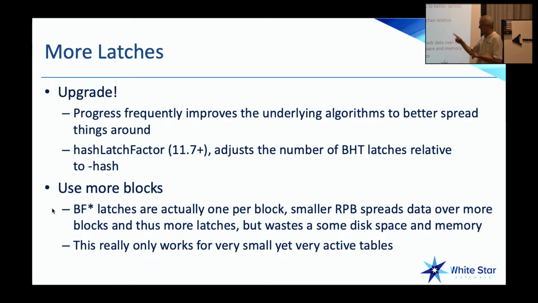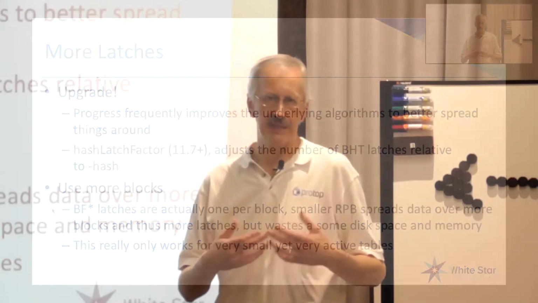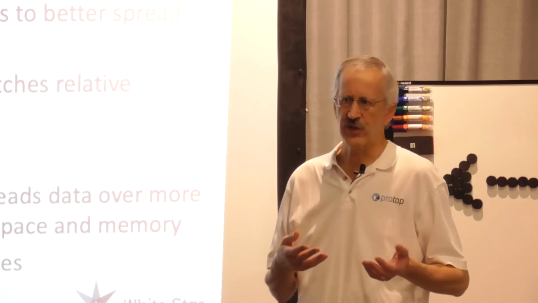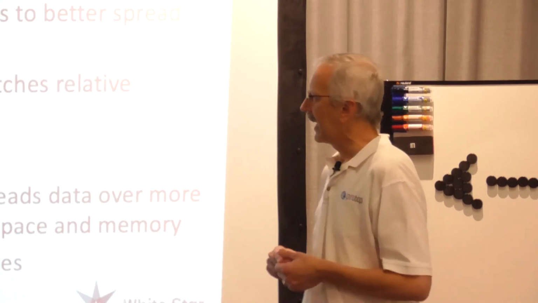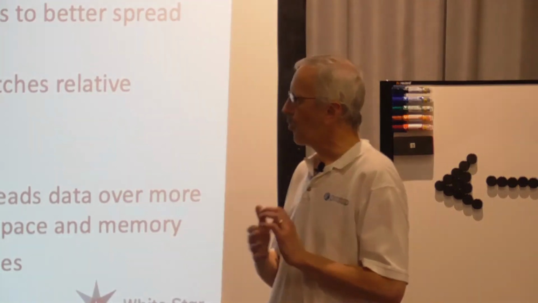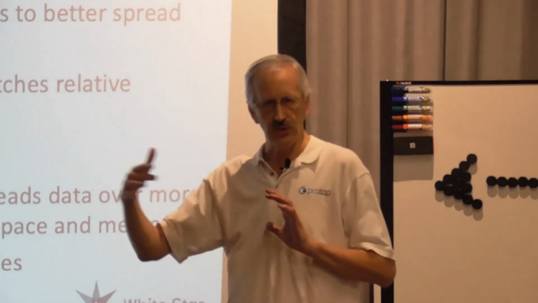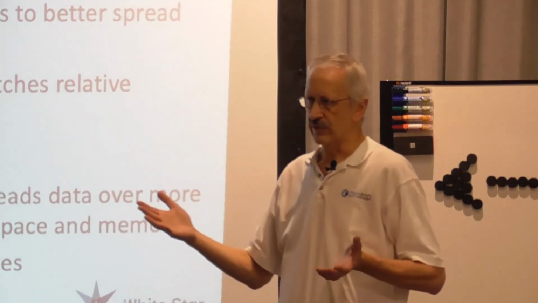The -hashLatchFactor parameter here is a good example of that, where the number of BHT latches has become a problem now that lruskips is making the LRU latch no longer the primary bottleneck. And so this basically gives you more BHT latches to use as you go forward with Progress.